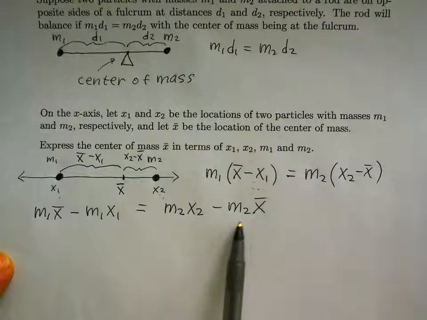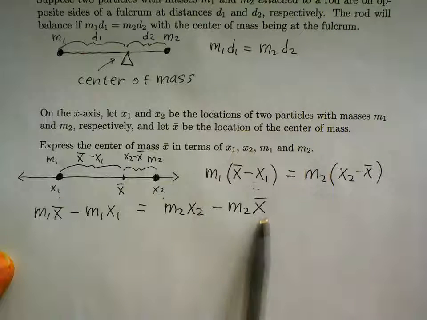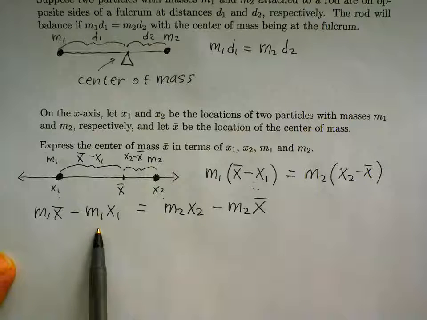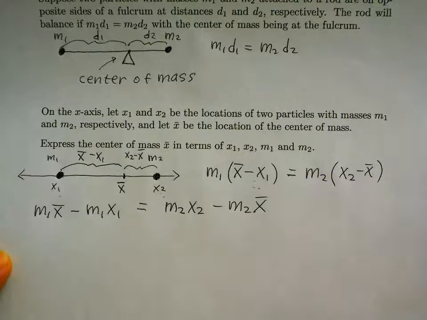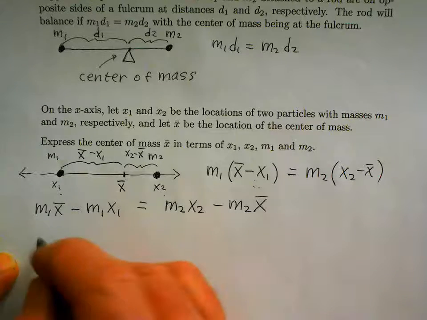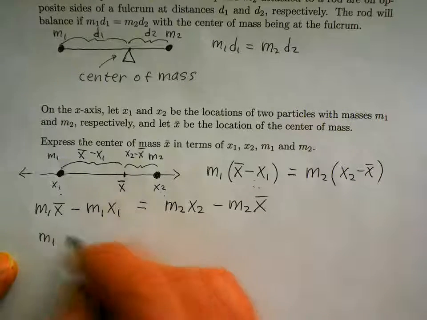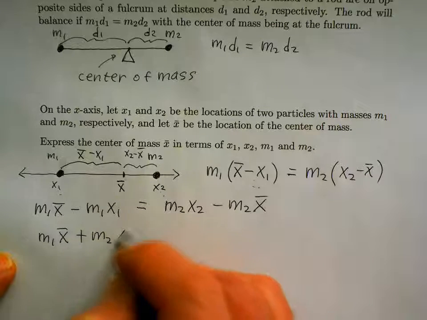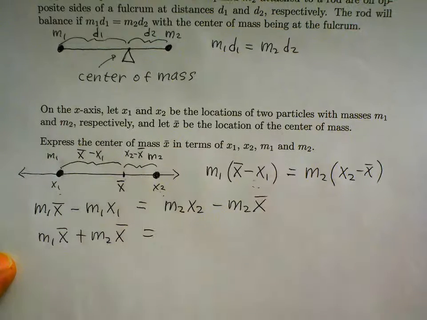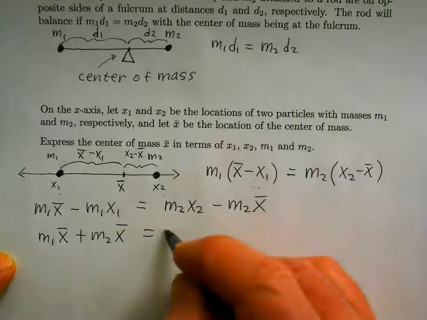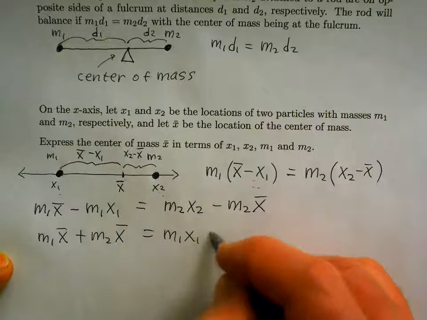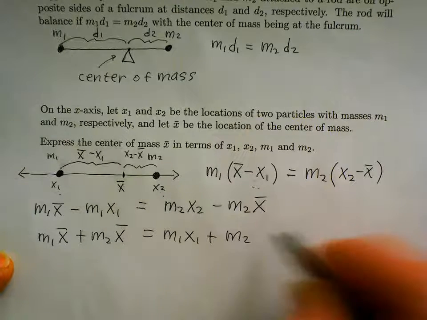We'll add m2 times x bar to both sides, and we will also add m1 times x1 to both sides. Okay, when we do that, we get m1 times x bar plus m2 times x bar. And on the right-hand side, we get m1 times x1 plus m2 times x2.